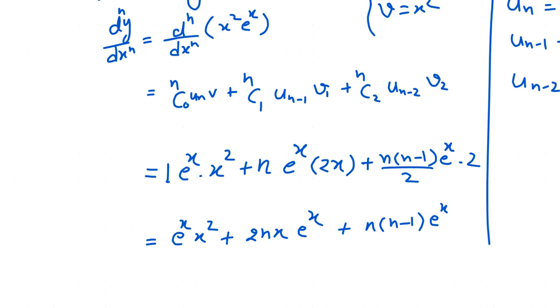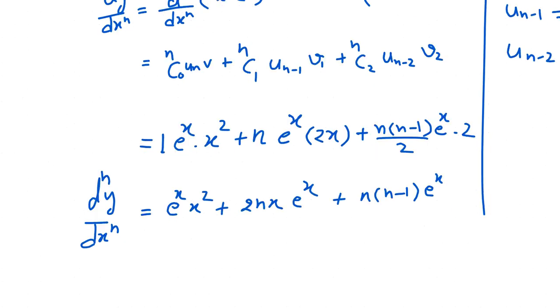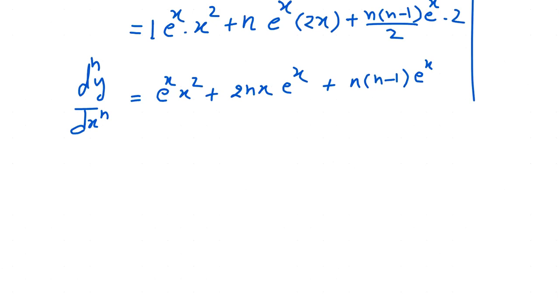This is the nth order derivative, d^n y over dx^n. Now everywhere we need to put n equal to 8, because we need this d^8 y over dx^8.